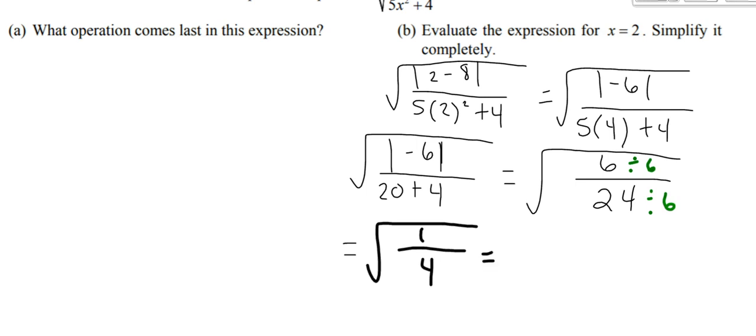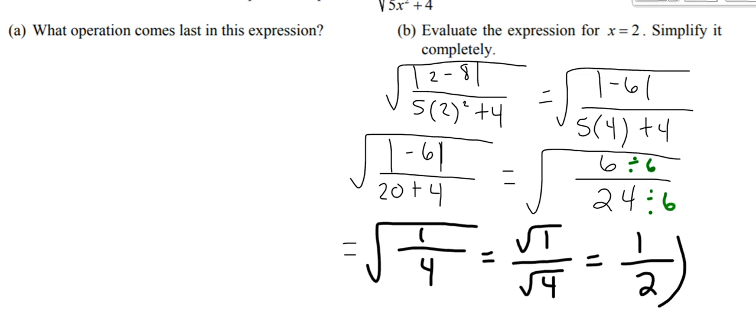Still not done quite yet. I noticed that 1 and 4 are both perfect squares, so I'm going to rewrite it as the square root of 1 over the square root of 4. Makes me see my perfect squares a little easier. The square root of 1 is 1, and the square root of 4 gives me 2. So evaluating this expression where x equals 2, I get 1/2.